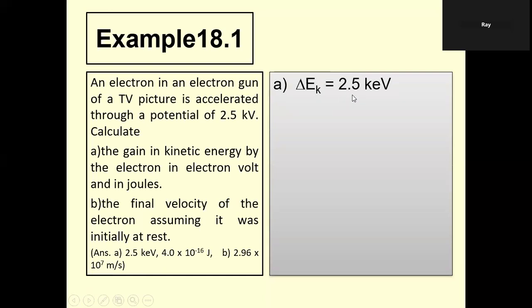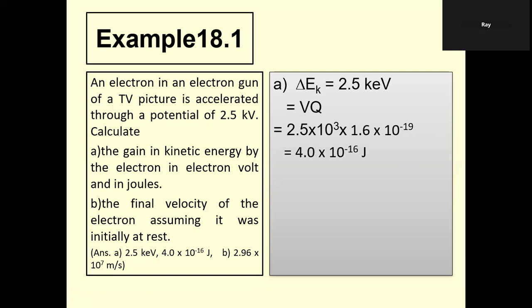Gain in kinetic energy: 2.5 kilovolt becomes 2.5 kilo electron volt. When you convert it, it's VQ. V is 2.5 kilovolt times Q, which is the electron charge, 1.6 times 10 to the power minus 19. Get that? Can get the answer?